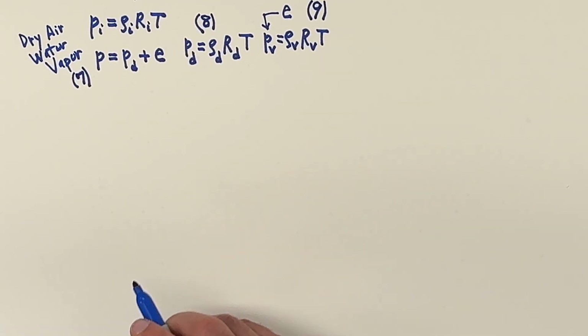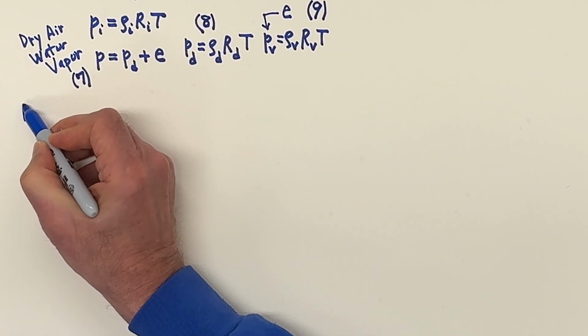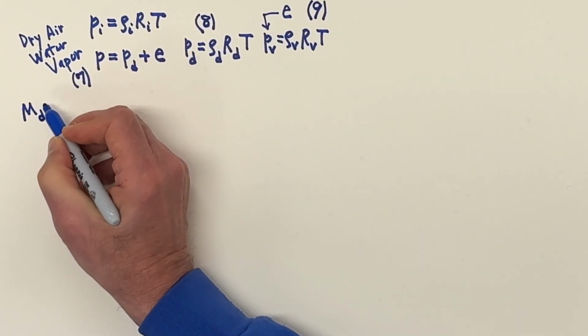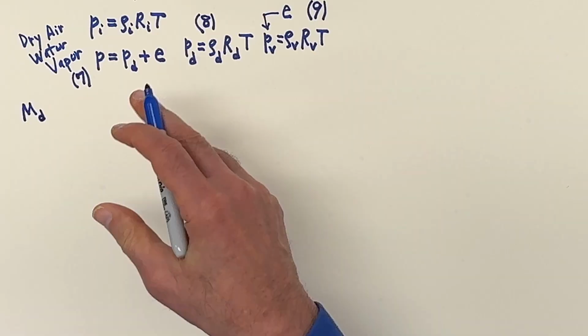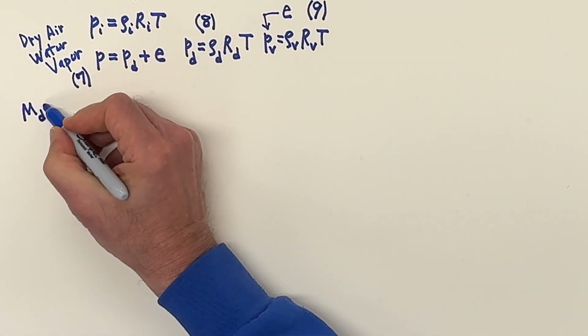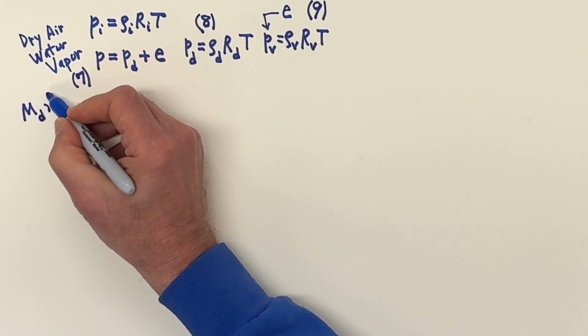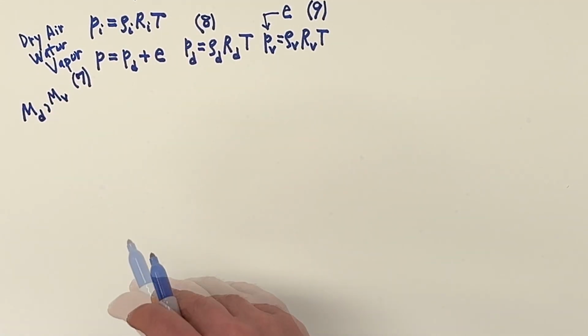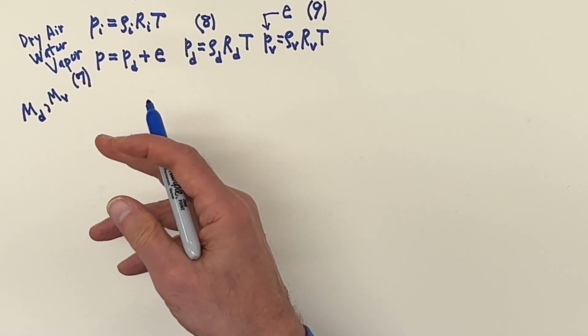I'd like to express the molar mass of dry air in terms of the molar mass of nitrogen, molar mass of oxygen, and molar mass of argon. And I'd like to express the molar mass of vapor in terms of its constituents.